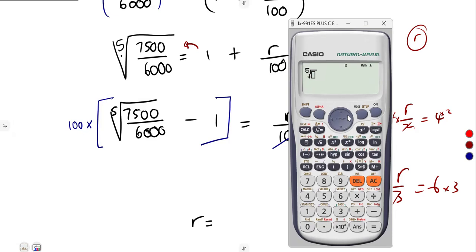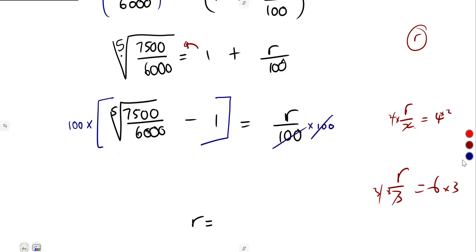So it is the fifth root of, move inside the root sign, put a fraction, 7,500 over 6,000. Then from that fifth root, subtract 1. So this is the decimal that you're going to get, 0 comma this and that, times 100.